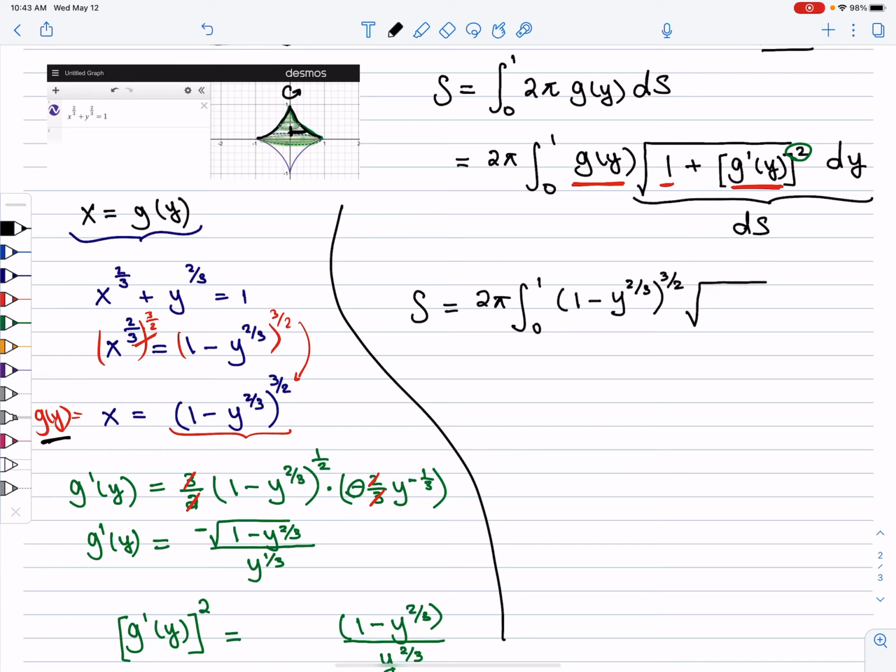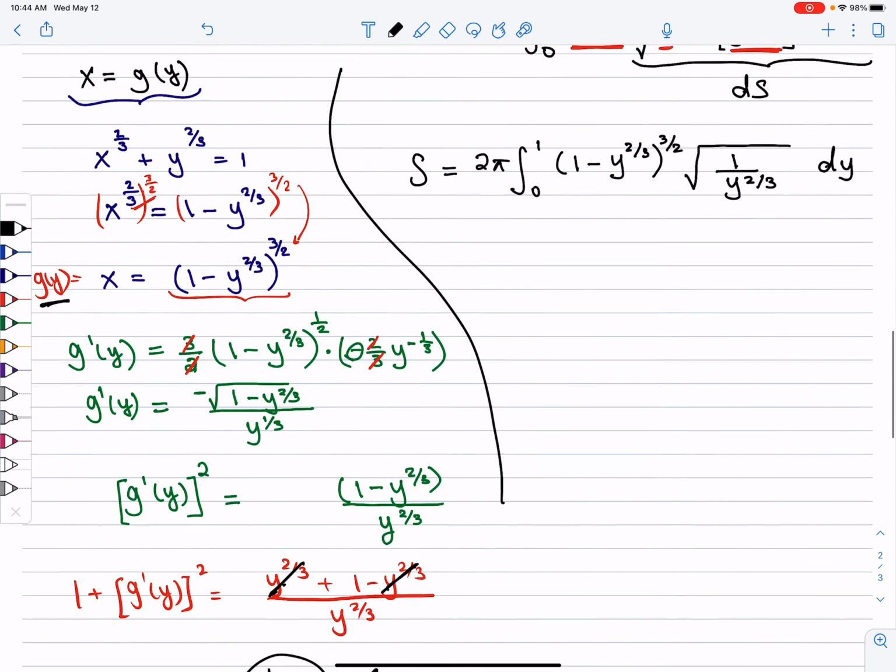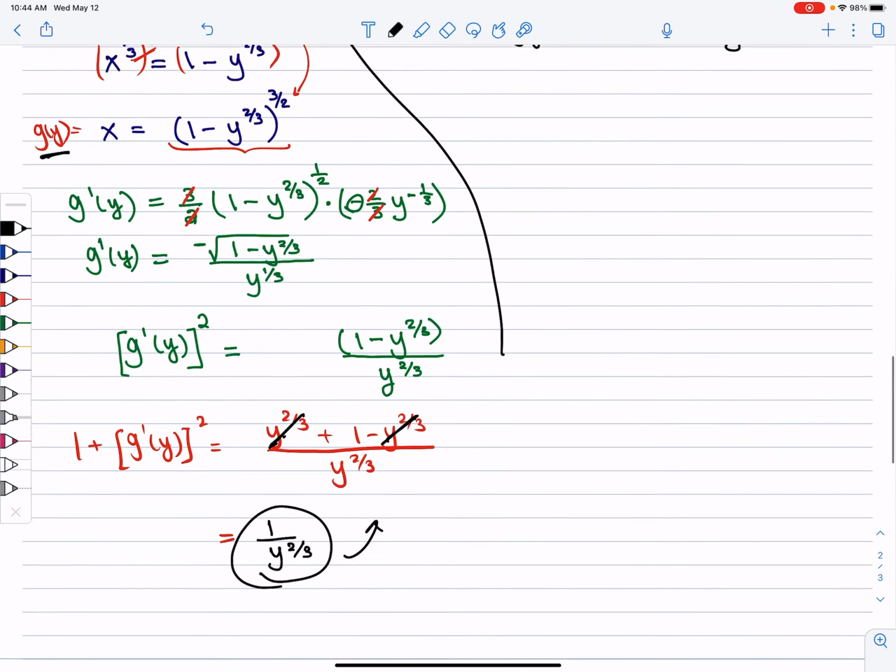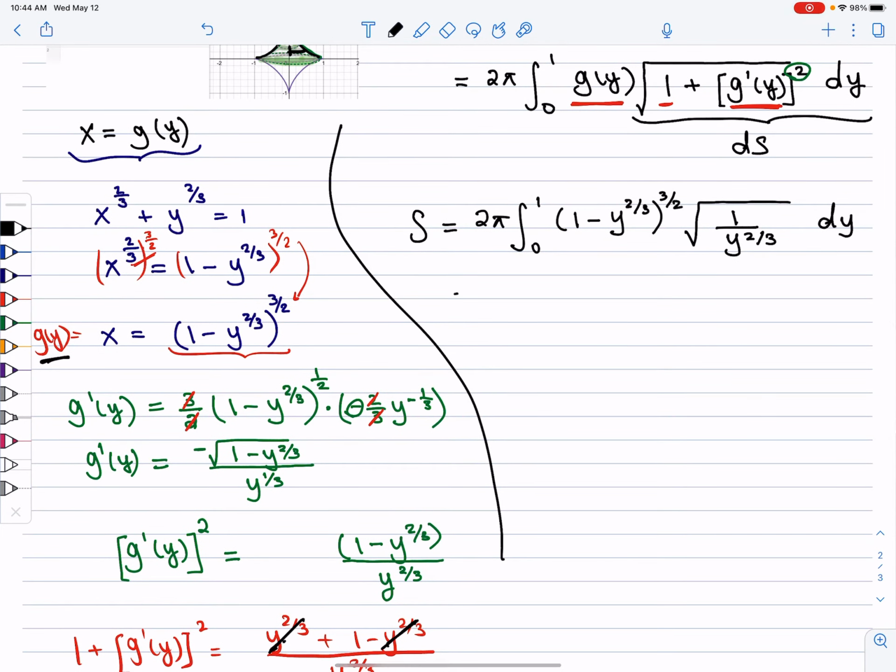times the square root of 1 over y to the 2/3 dy. So 1 over y to the 2/3. This is going to be equal to 2 pi, the integral from 0 to 1 of (1 minus y to the 2/3) to the 3 over 2, and then if we simplify the square root, we're going to have over y to the 1/3.